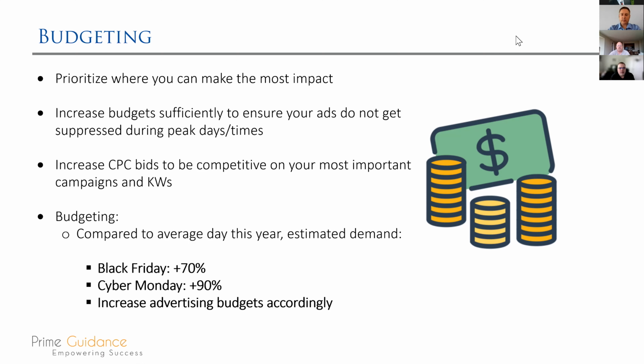So you can set up some rules so that if, for example, either performance based or on a schedule, you can set some rules up so that if your ACoS meets a certain performance, Amazon will dynamically increase your budget.